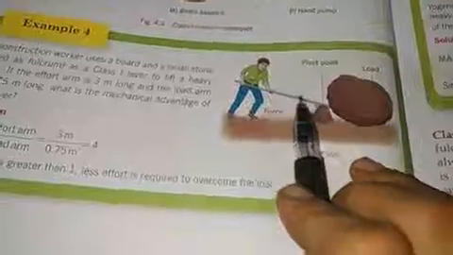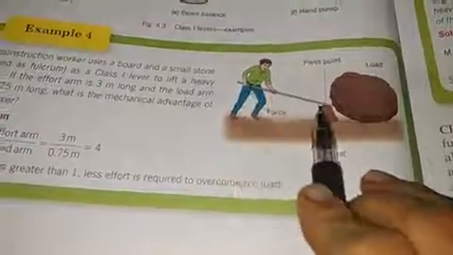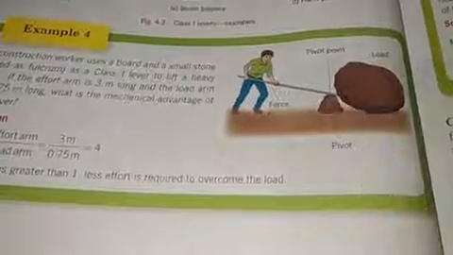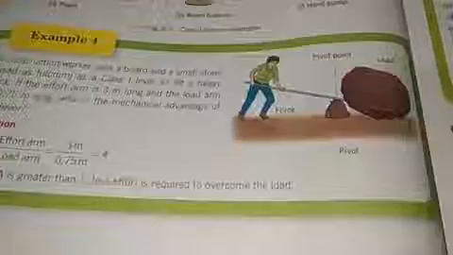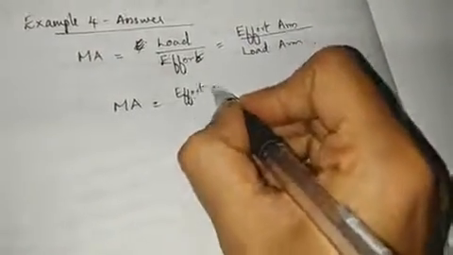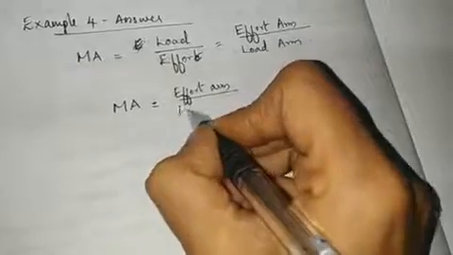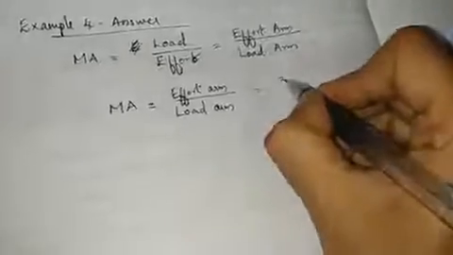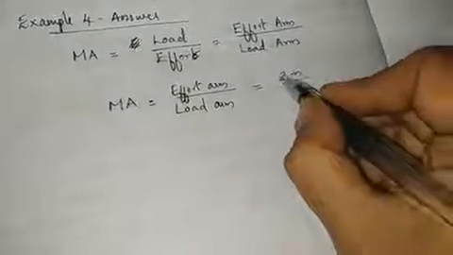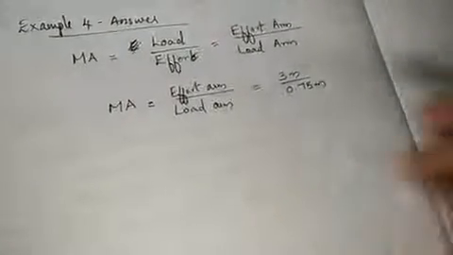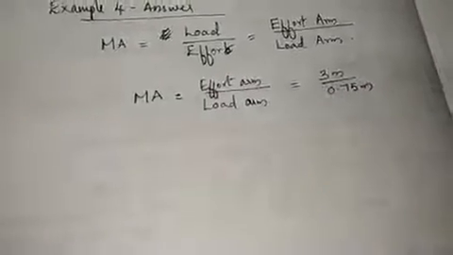Effort arm is 3 meter, then load arm is 0.75 meter. Both are in meters. So we can write effort arm by load arm, 3 meter by 0.75 meter. Now we are dividing a whole number by a decimal number.